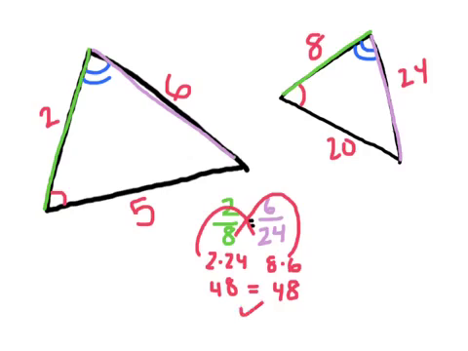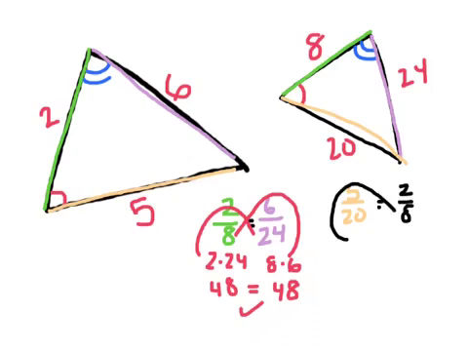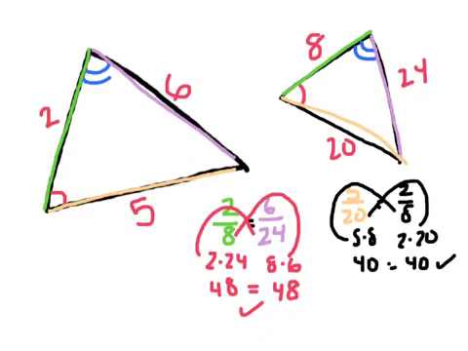Now, just to make sure, what would be helpful is if I took this side and this side as well. I check the fact that 5 is to 20, and ask, is that equivalent to 2 over 8? Once again, do cross products. 5 times 8 is 40. 2 times 20 is going to equal 40 as well. So that checks.